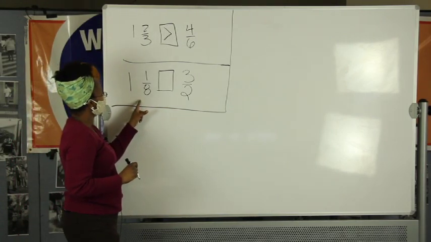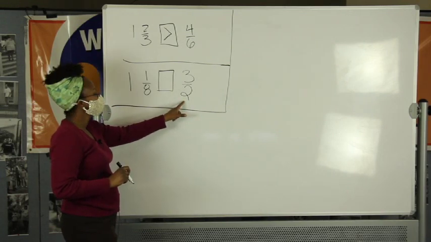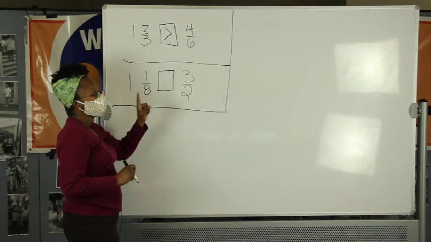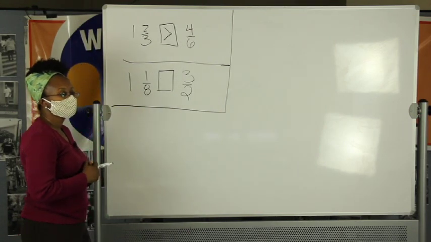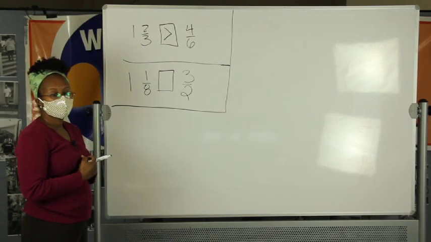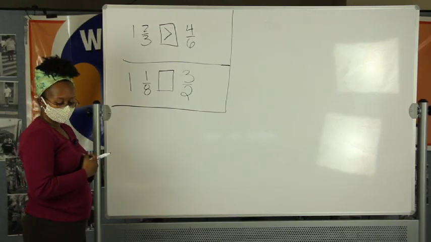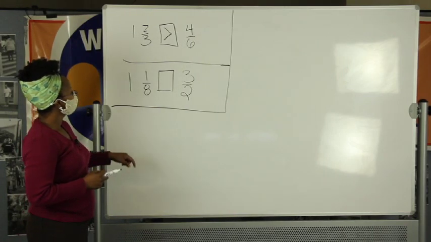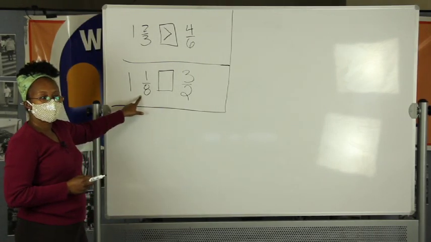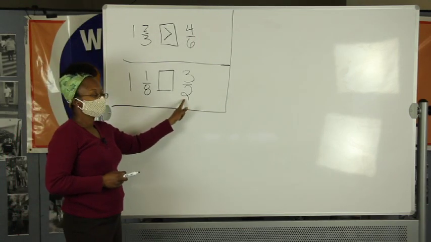You have 1 1/8, and you're going to compare it to 3/2. And you have to decide which one is the greater fraction. Now you can do it the way that I showed you, but I'll also show you another way. So we know that the mixed number is greater than 1. Let's look at this one.